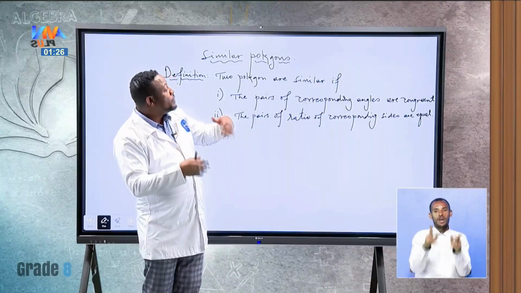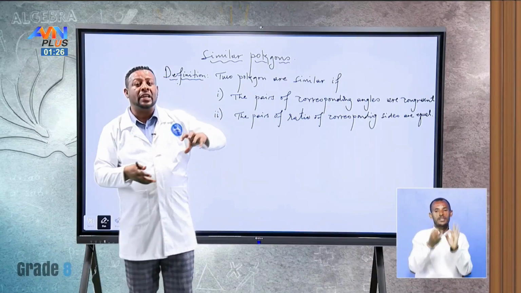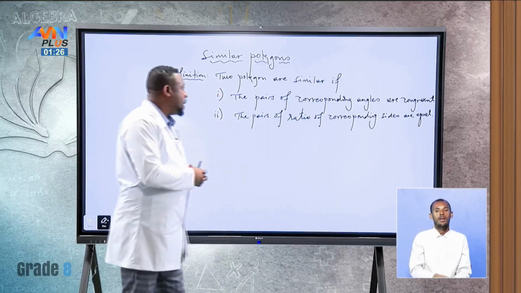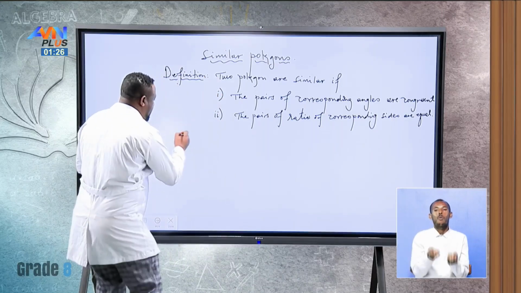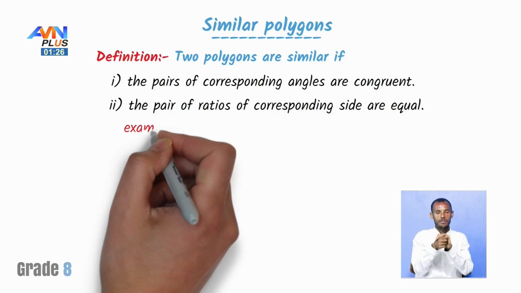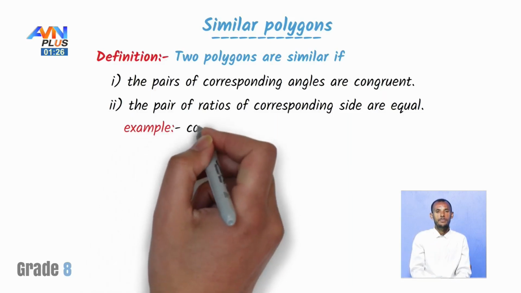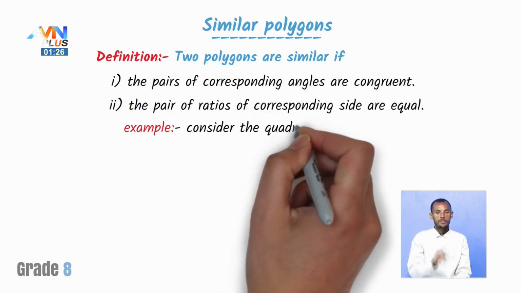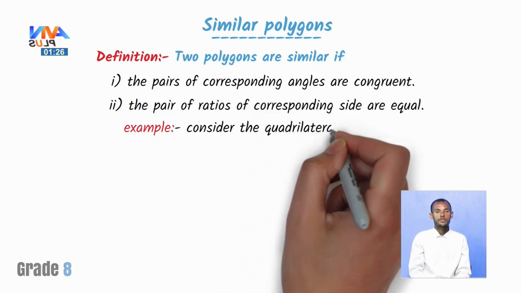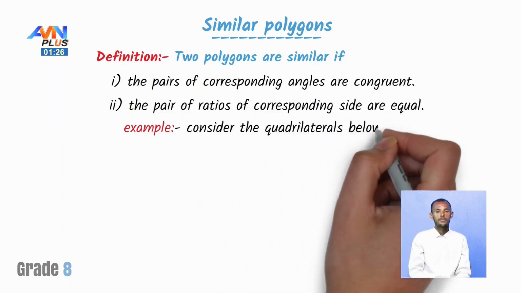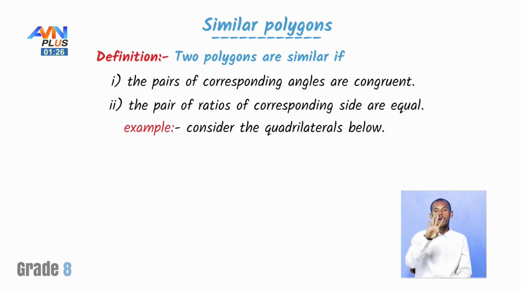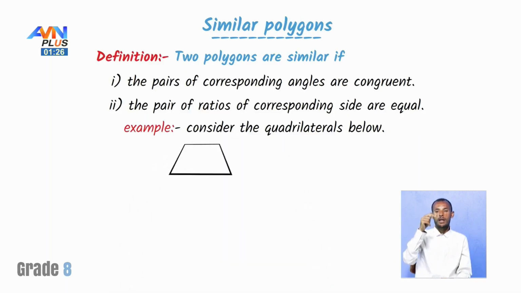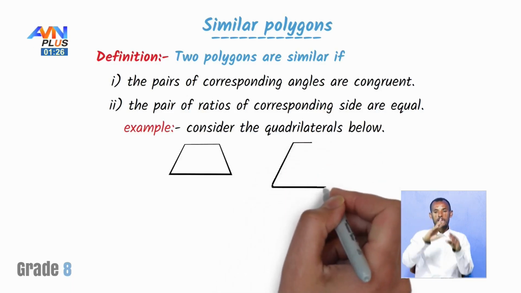Okay, to clarify this definition, let's take a certain example of similarities of polygons. For example, consider the quadrilaterals given below.